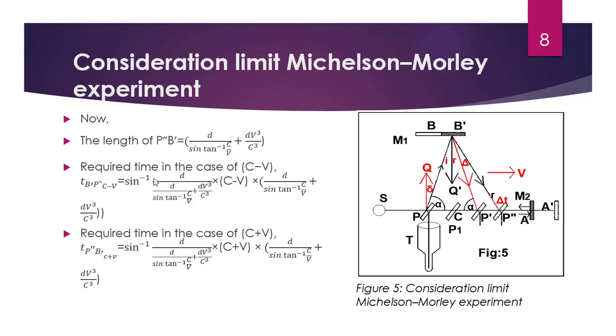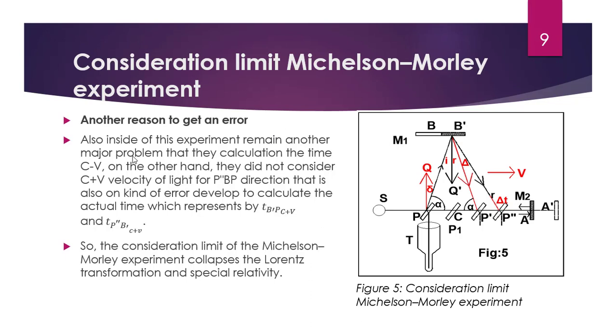Sin inverse into tan will be there. The required time in the case of C plus V, that is sin inverse into d by sin into tan inverse C by V plus dV cube by C cube into C plus V, the distance. This thing also represents the angle and this thing also the distance. Just we got the time.